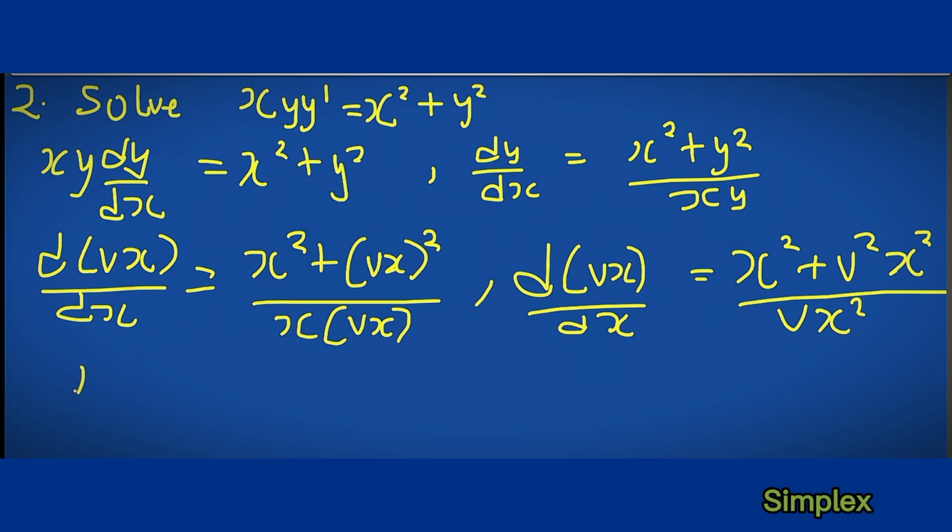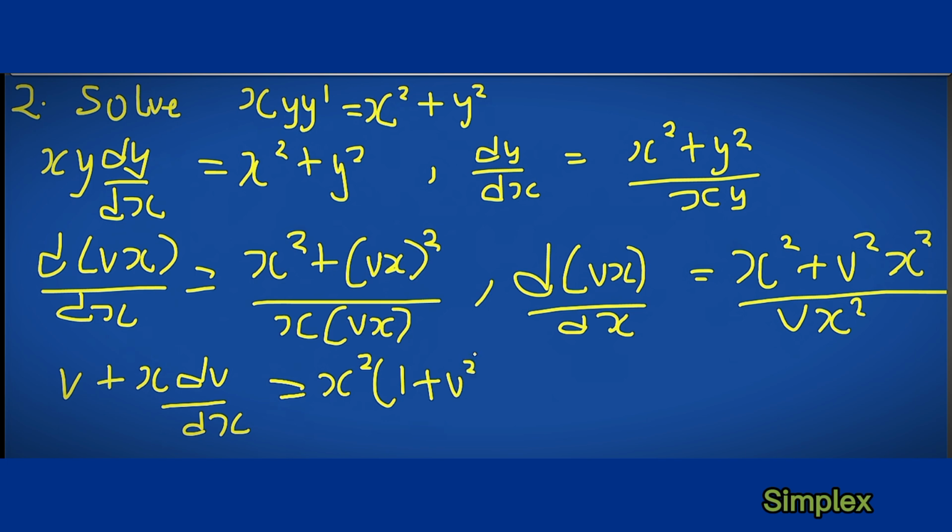Therefore, the differential of vx, which we did earlier, is v plus x dv/dx is equal to, and factorizing, we have x squared (1 plus v squared) over vx squared. So this can go, this can go.